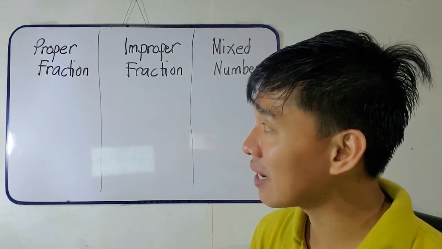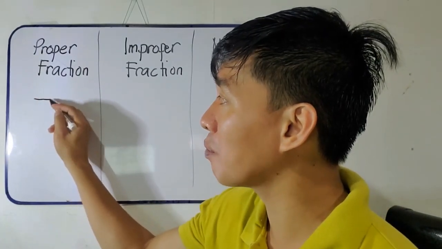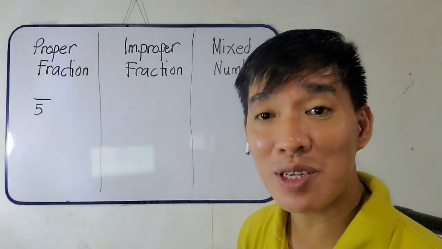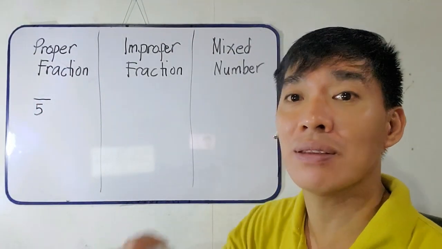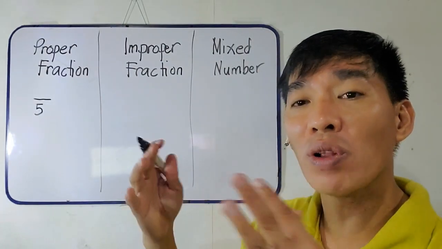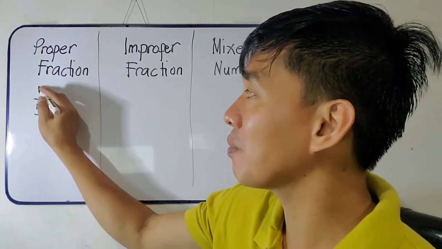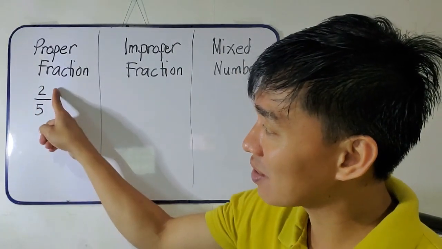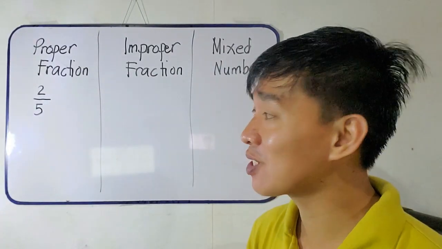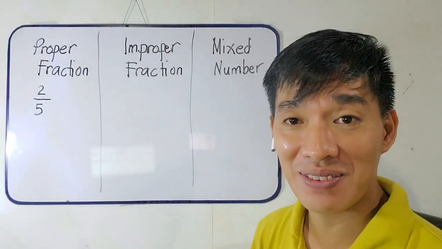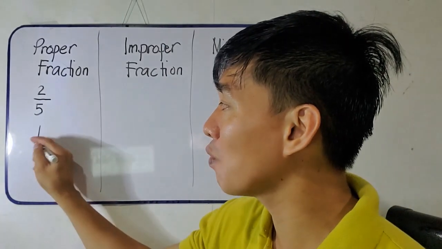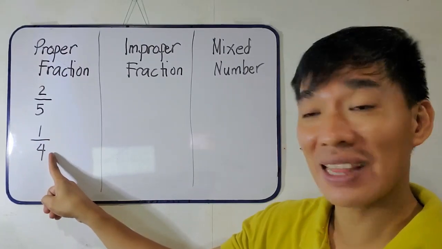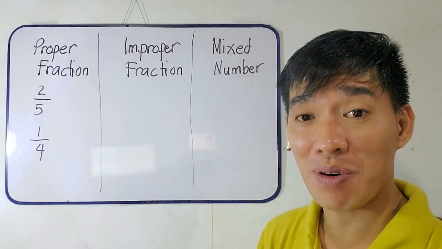So it simply means that out of the total number of parts the whole was divided into, for example 5, it is just proper to take a portion of it but not all the parts. So for example, 2/5 is what we call a proper fraction. The numerator is smaller than the denominator 5. Another example is 1/4. As long as the numerator is smaller than the denominator, that is a proper fraction.